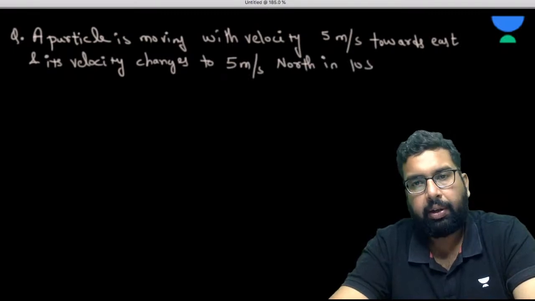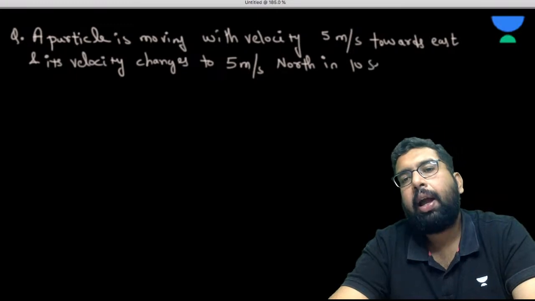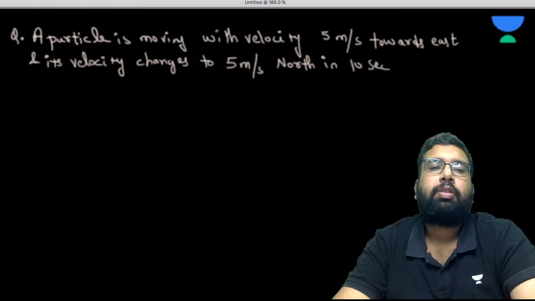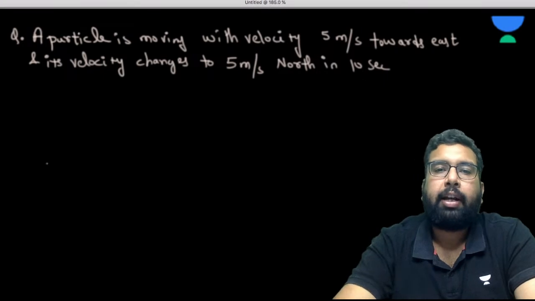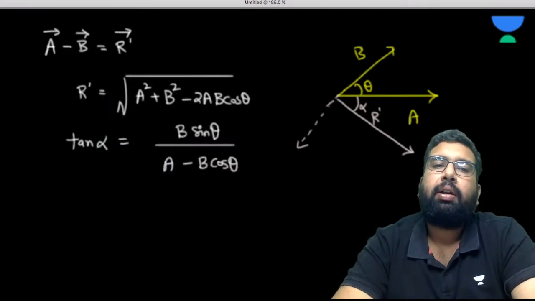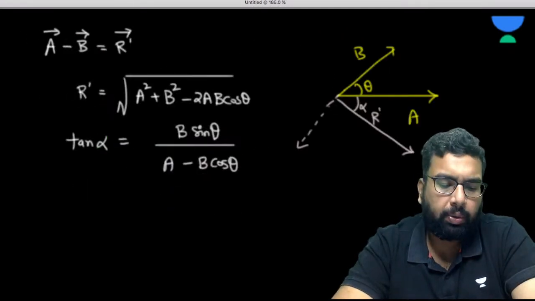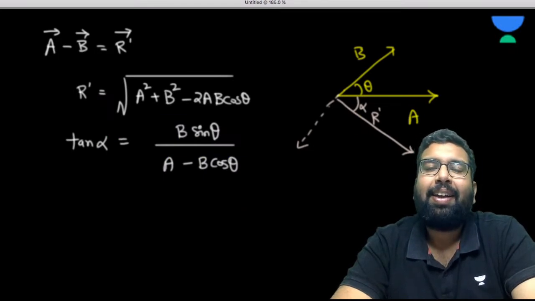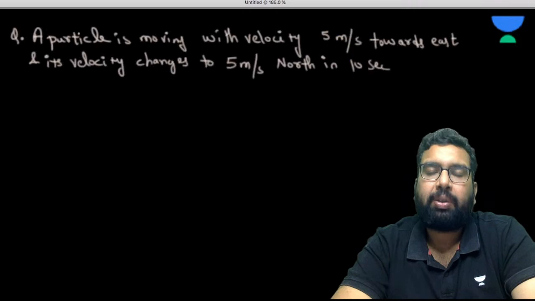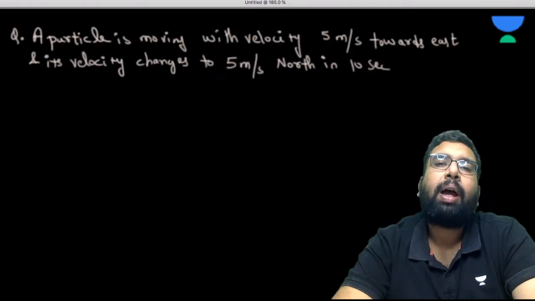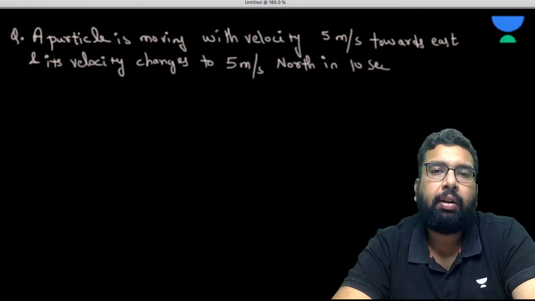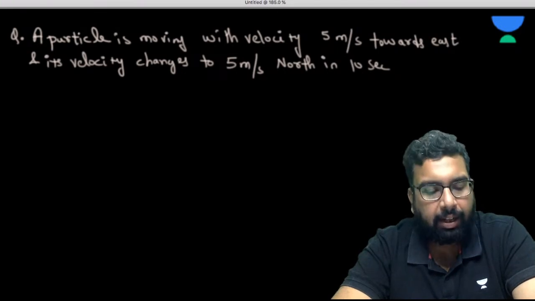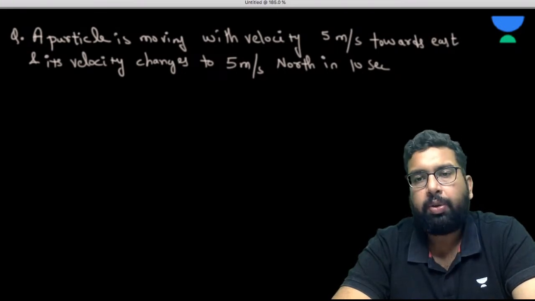So we have just started. Last session we did this addition and subtraction, and we learned the insights into it graphically and analytically. In all the manners we have understood this thing. Now we are going to apply the concept we have learned in today's session, and then further we'll move towards the resolution part as well.